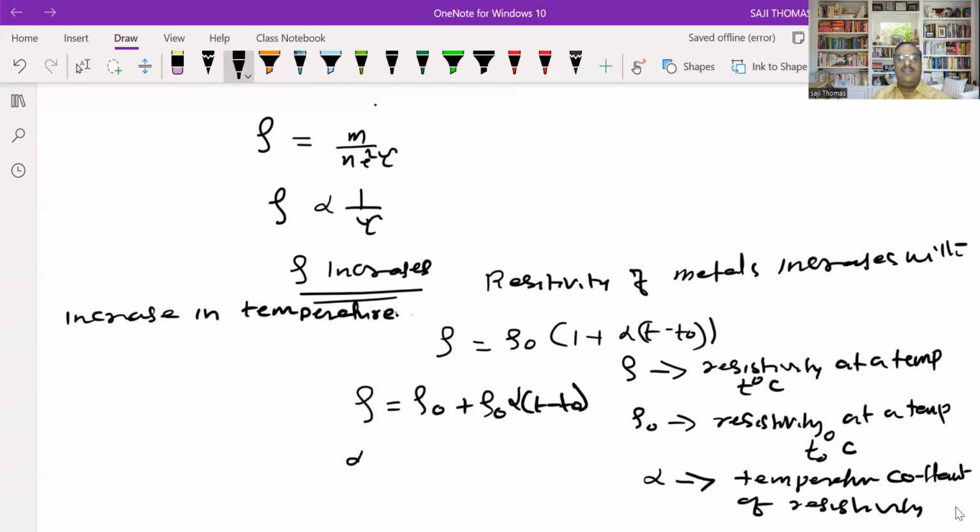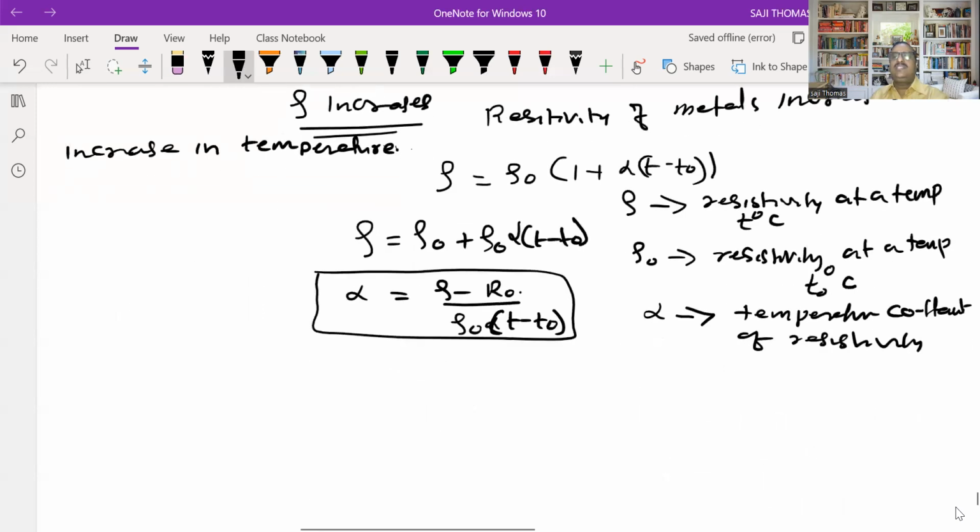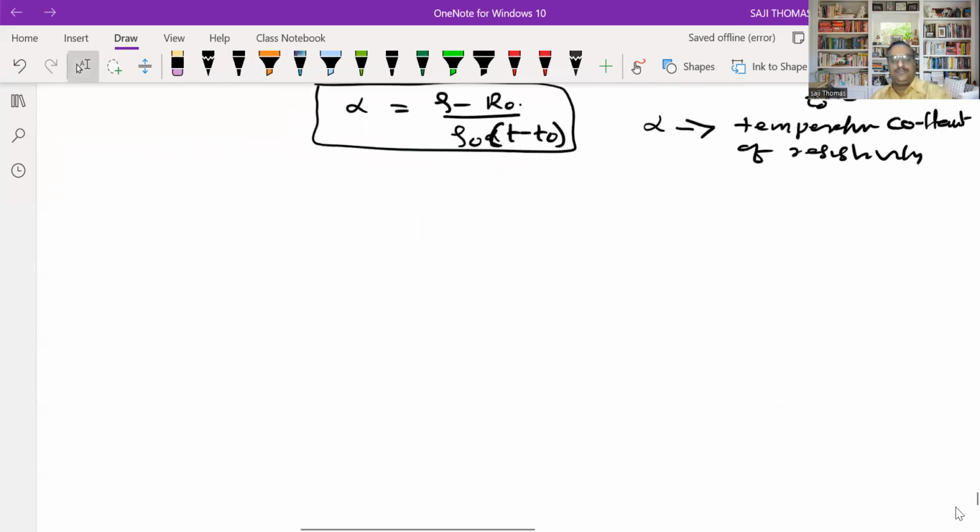So we can write alpha as rho minus rho 0 divided by rho 0 into T minus T0. This temperature coefficient of resistivity can be both positive and negative. For metals, it is positive. For semiconductors, it is negative.